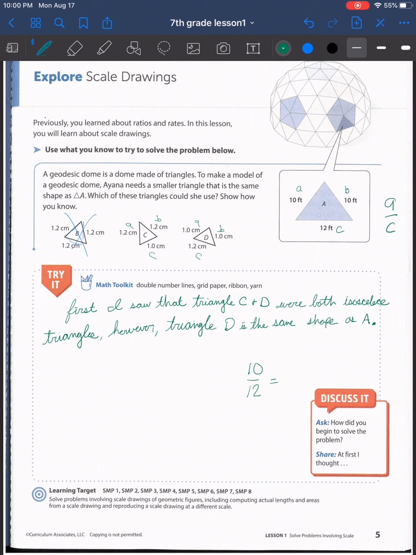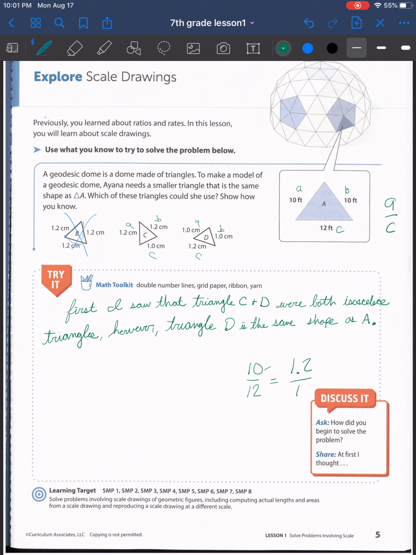So let's see, let's do triangle C first. A is to C. So that would be 1.2 over 1. Now I know what you're thinking so far, like this does not look correct. This looks so weird. Now, can I reduce 10 over 12? Yes, I can.